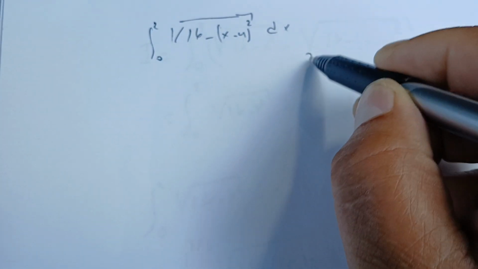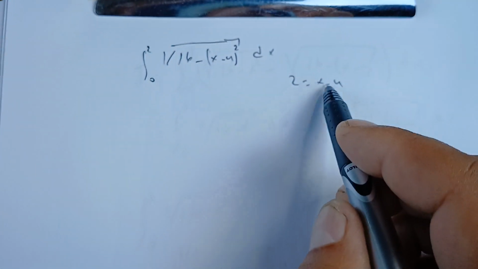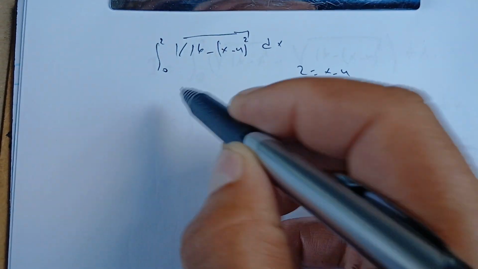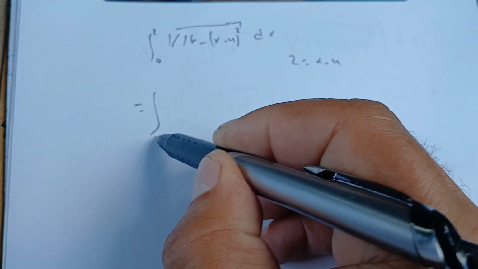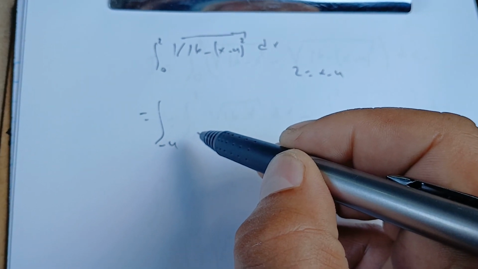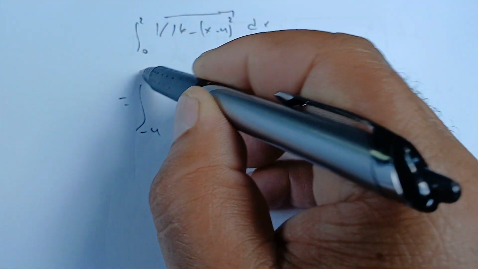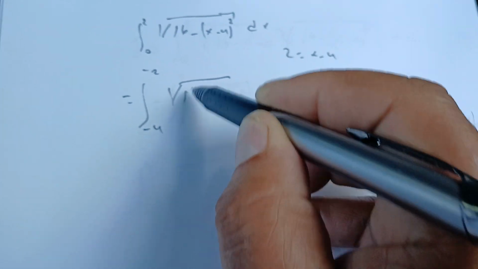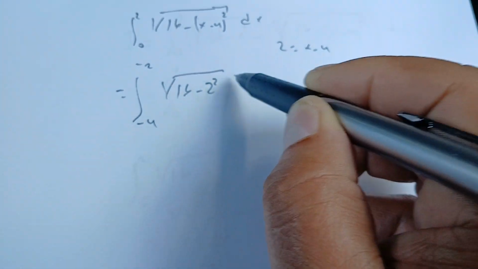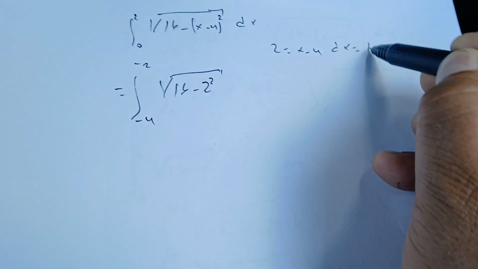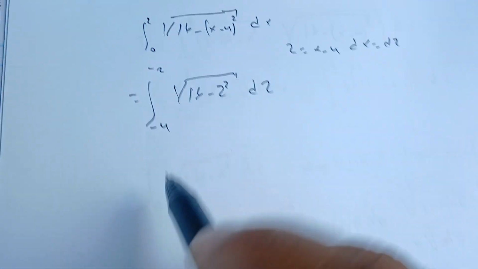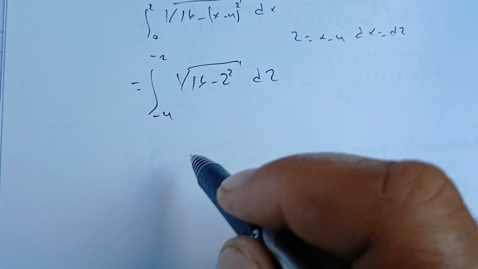So let z be x minus 4. When x is 0, z is minus 4. When x is 2, z is minus 2. The square root of 16 minus z squared, and dx is just dz. So we have dz. Now we're going to do one more change of variable.